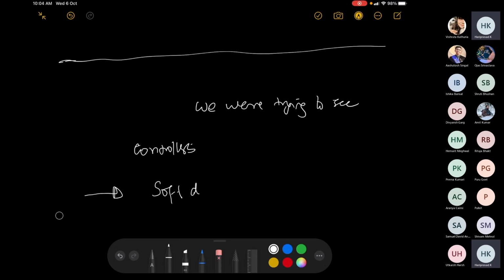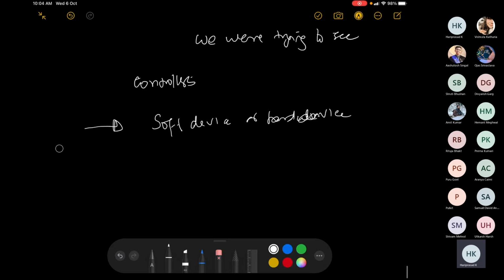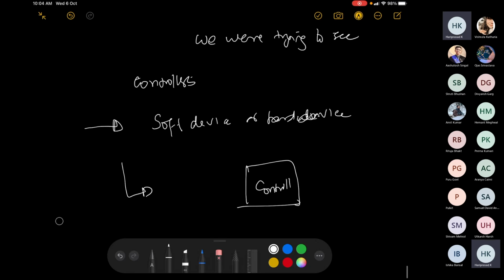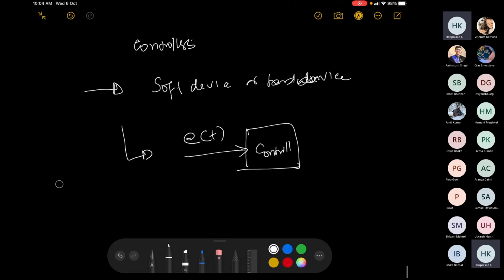Device means of course software or a hard device, which means that it is a hardware element, which takes, so let's say this is your controller, it takes an error signal because E is C. E physically it is E, but for the system it is an error signal because it is computed.